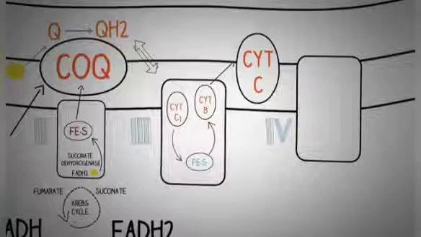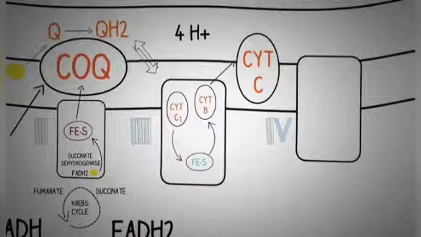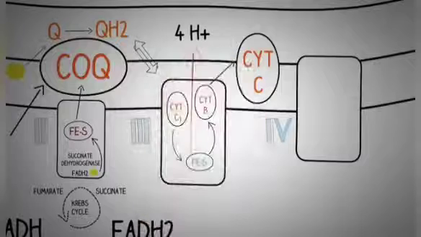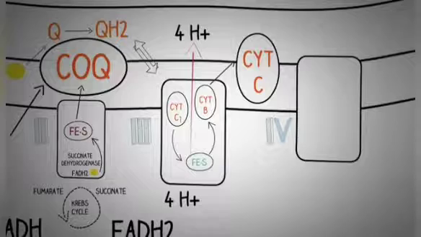The electrons are then transferred to the cytochrome C, which is an intermediate protein used to donate electrons to the fourth complex. The redox reactions inside the third complex cause the pumping of 4 hydrogen ions to the intermembrane space.